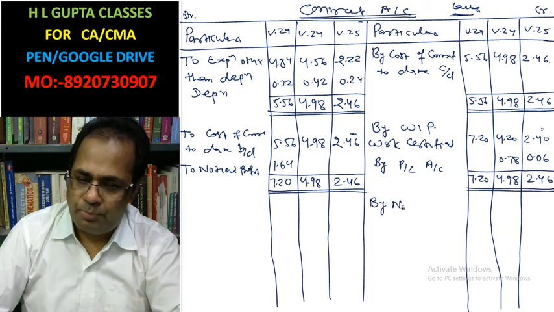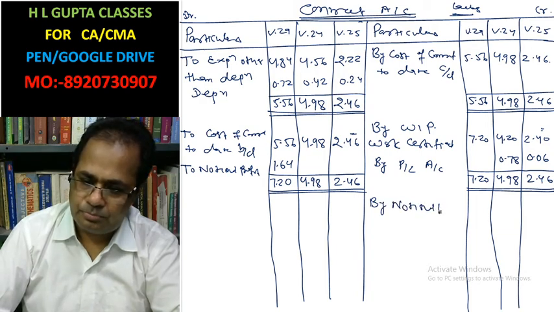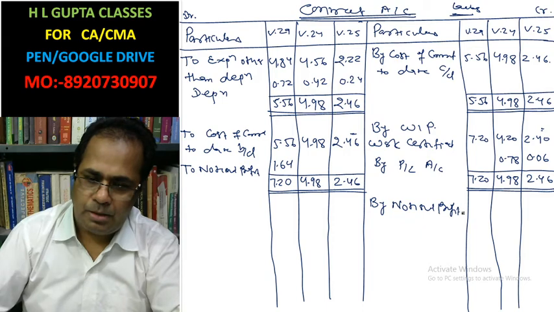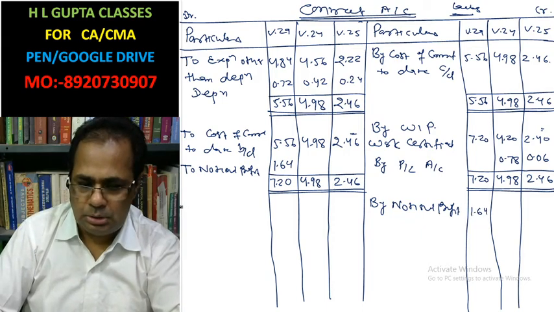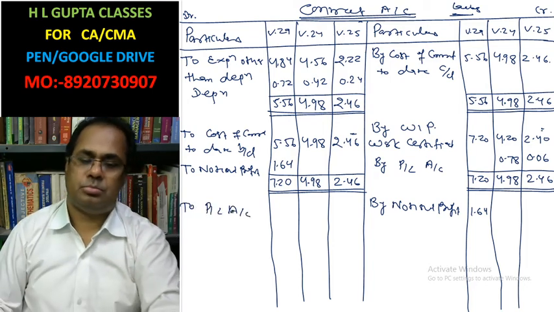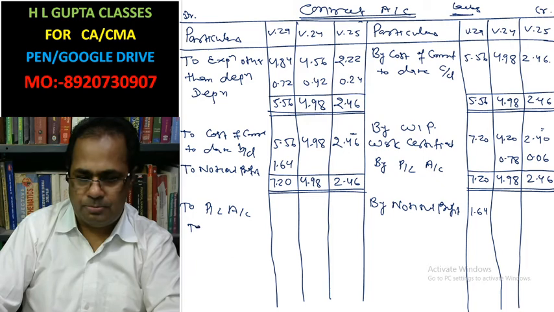By notional profit 1.64, to profit and loss account, to reserve.